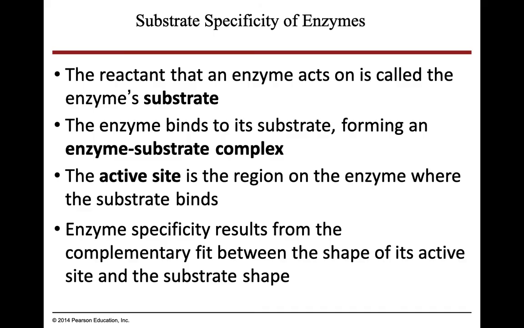Now, the reactant that an enzyme acts on is called a substrate, and that substrate binds to a very specific part of the enzyme that we call the active site. And this temporary bind, sort of like a ligand, is called an enzyme-substrate complex.